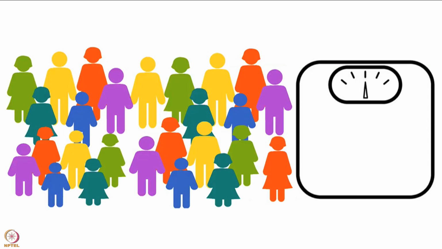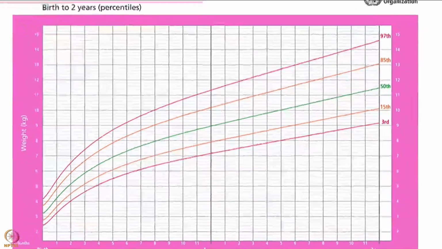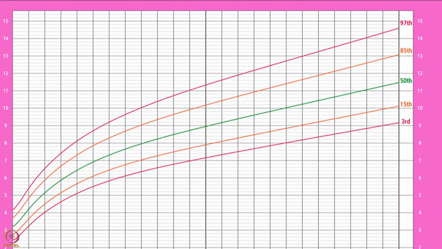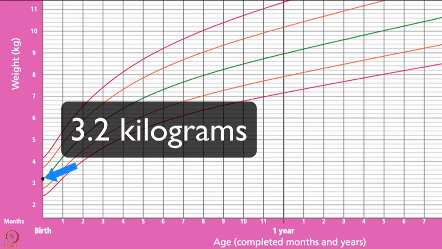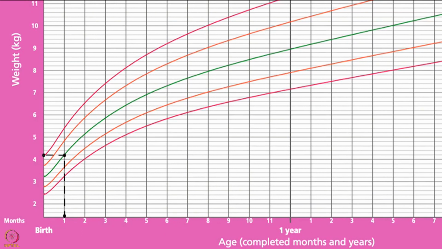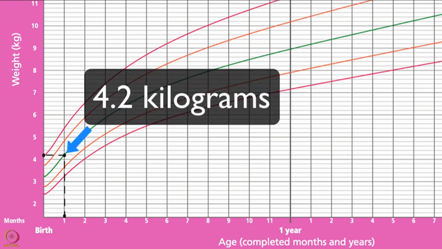Next, let's learn more about the average weight of a child. It is along the 50th percentile line in the weight for age growth chart. The average birth weight of a girl is 3.2 kgs. At 1 month, a girl's average weight is 4.2 kgs.